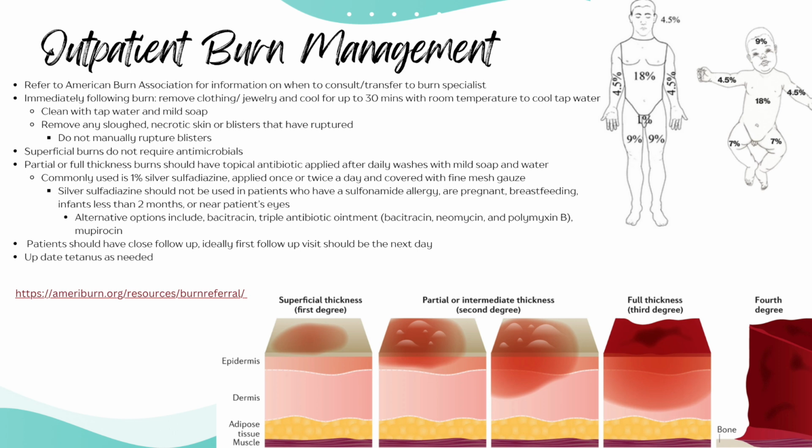So a sunburn is generally an example of what we call a superficial burn. These types of burns are dry, red, they do not blister, and they easily blanch. These types of burns can sometimes be painful. It's important to note though that superficial burns are not counted when we're calculating the total burn surface area.